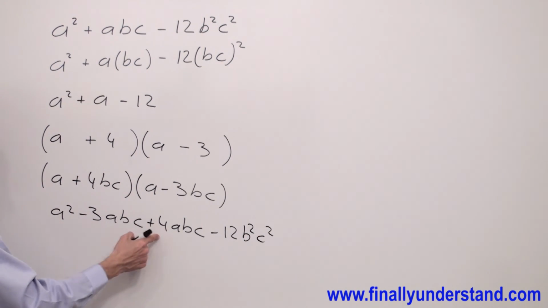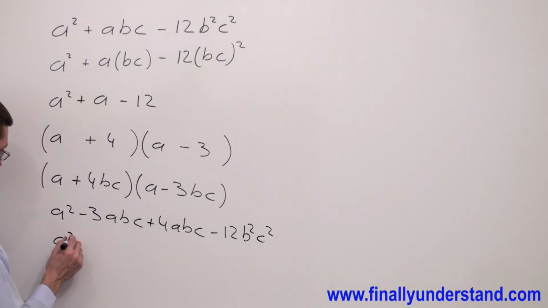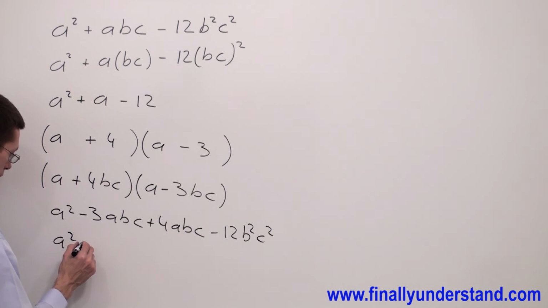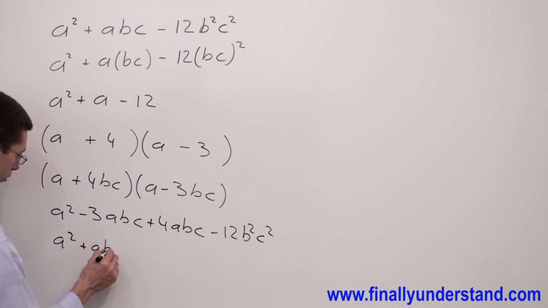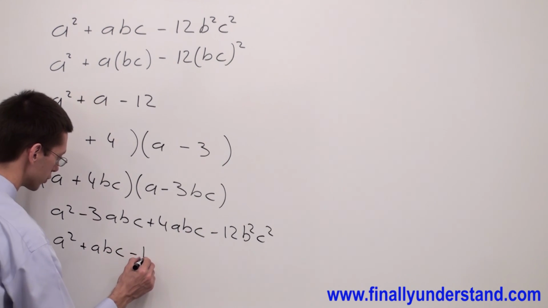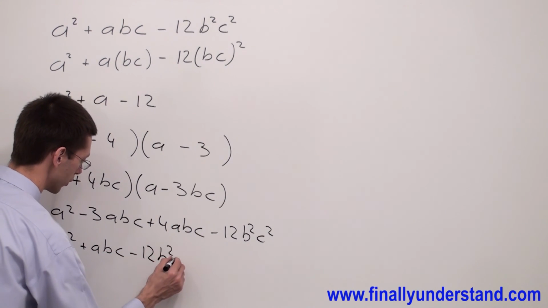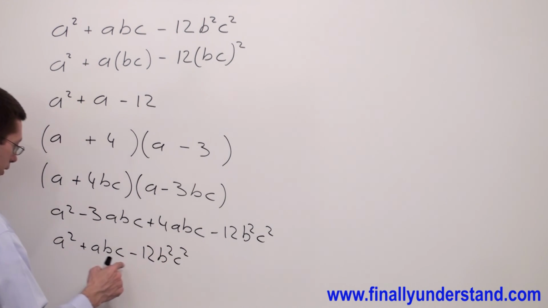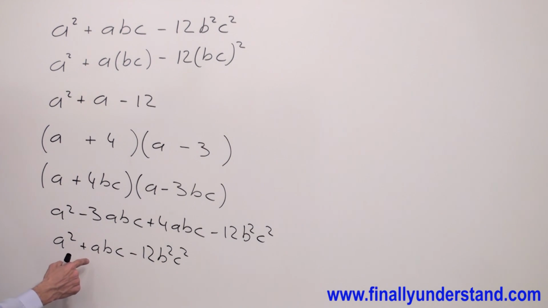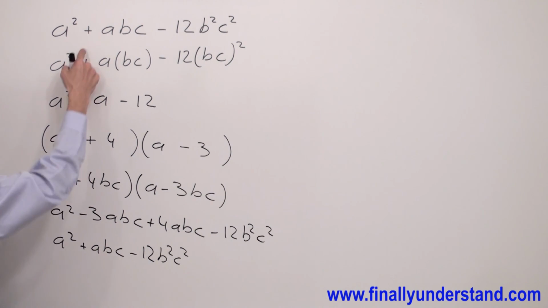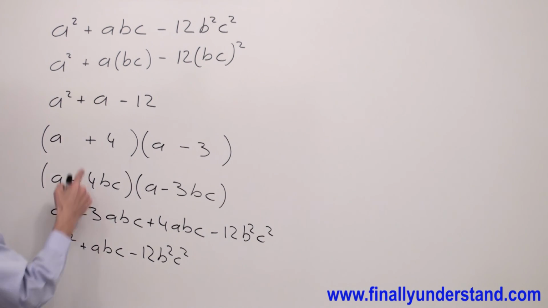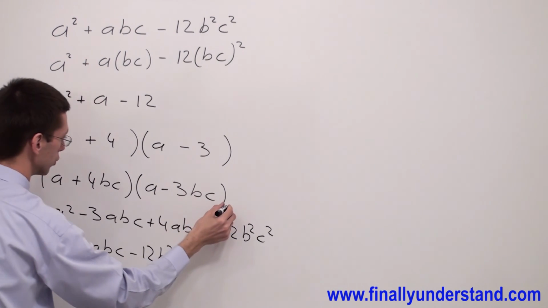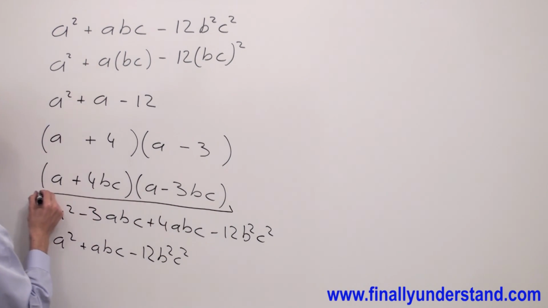We're supposed to combine the like terms, and I'm going to have a squared plus abc minus 12b squared c squared. Now let's take a look at what we have got and what we had at the beginning. These two expressions are identical. That's why this is the solution to my problem.